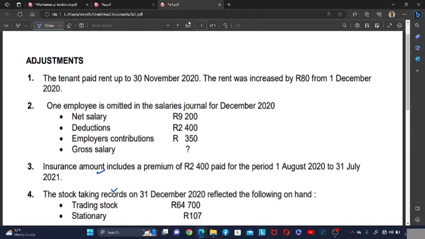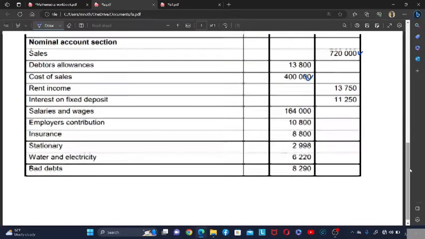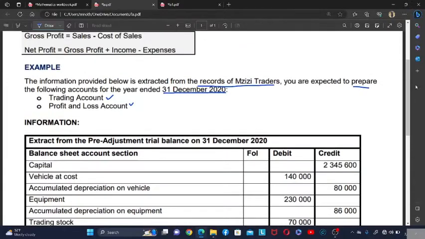Transaction number 1. The tenant paid up to 30 November 2020. If you remember, the year is ending on 31 December 2020, so this year started on 1 January 2020 and ends on 31 December 2020. This is a full 12 months.